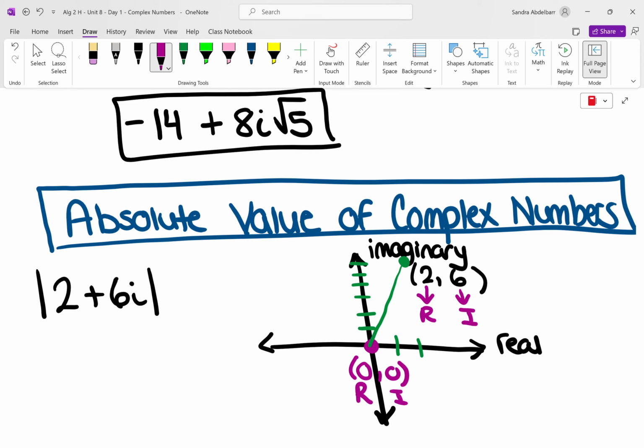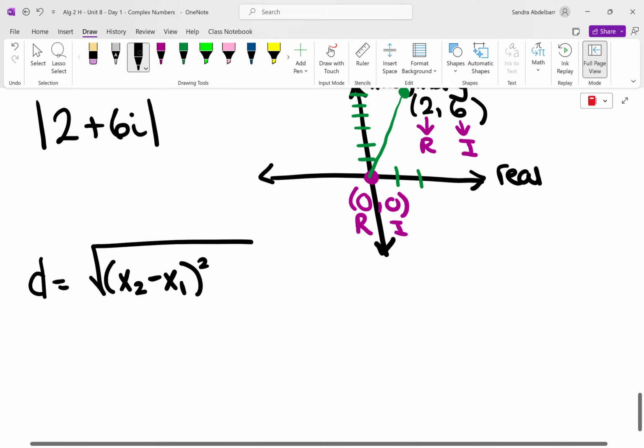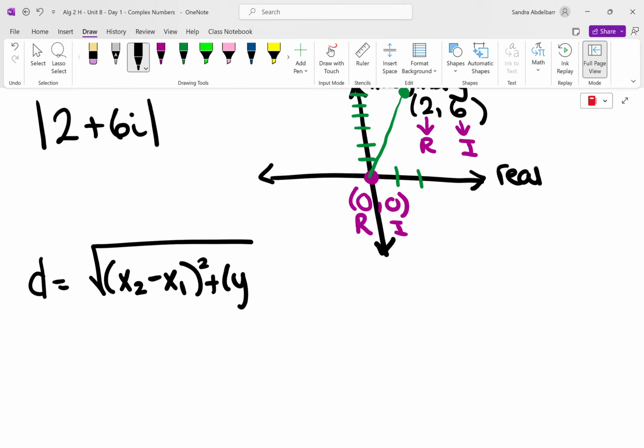It's not actually rise over run because we want the distance, but you're thinking the right thing. We're not going to use the slope, but we are going to use the distance formula. Remember in geometry, we can always find the distance between any 2 points. So the distance formula, the distance between any 2 points was x2 minus x1 quantity squared plus y2 minus y1 quantity squared. But this time, we're not talking about xy coordinates. What are we talking about?